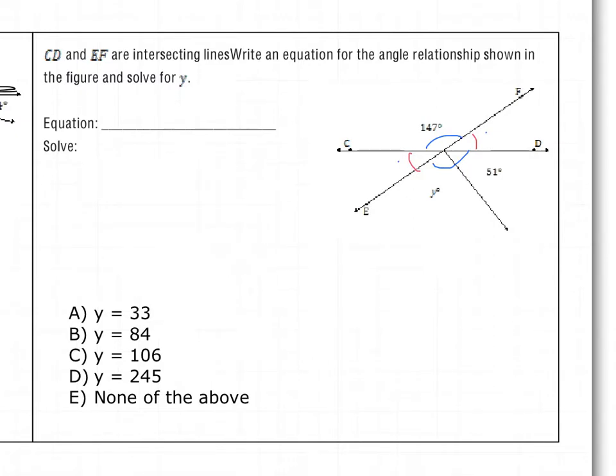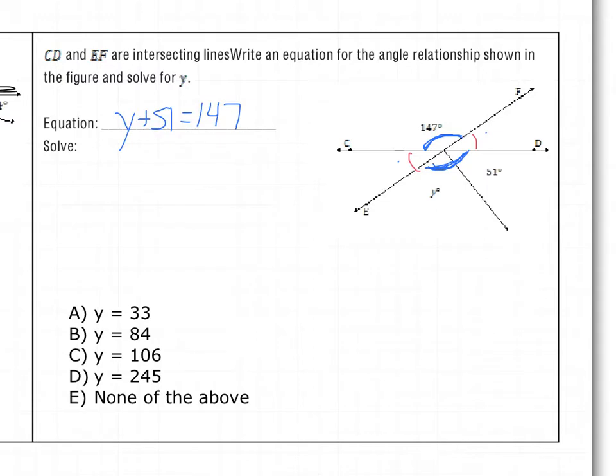But I do notice that this blue part is going to be equal to this blue part. And that's actually going to allow me to set up my equation for y, because I know that those vertical angles are going to be equivalent. So looking at this, this is the combination of y and 51. So y plus 51 is equal to 147.